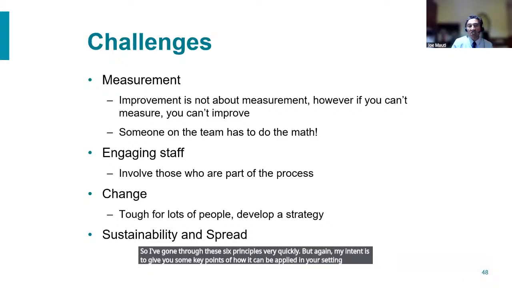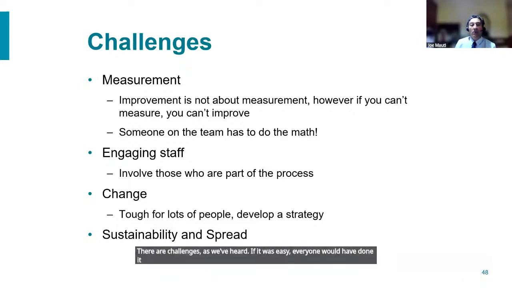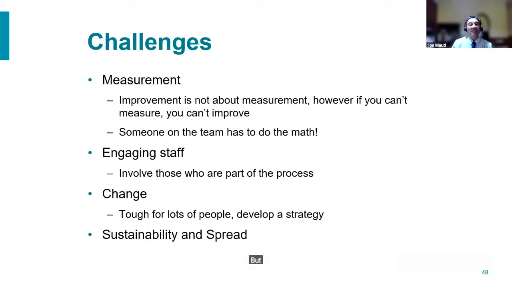There are challenges, as we've heard. If it was easy, everyone would have done it yesterday. It requires a dedicated group of individuals to persevere. You need patience. Not everything is going to work right the first time, but through a collective effort, it's amazing what can be accomplished.